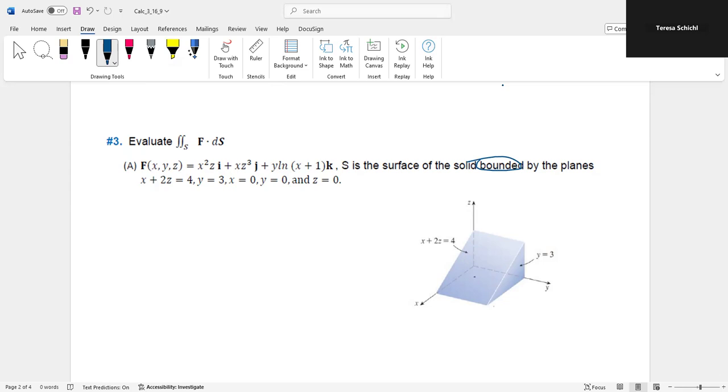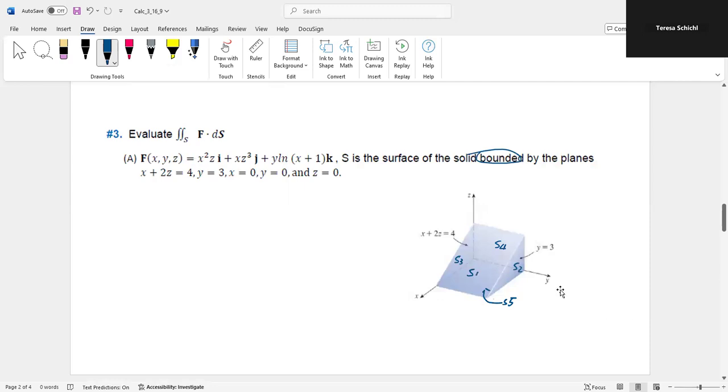This one is S1, the side one is S2, this side is S3, the back one is S4, and the bottom one is S5. We have 5 surfaces here. If I want to use surface integration, it would probably be very tedious and complicated. So let's take a look at the divergence theorem.